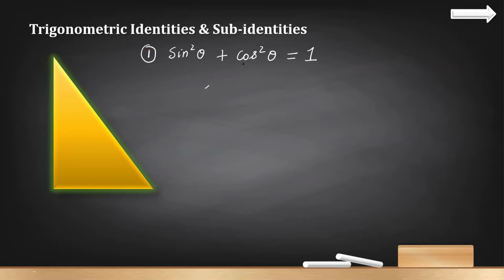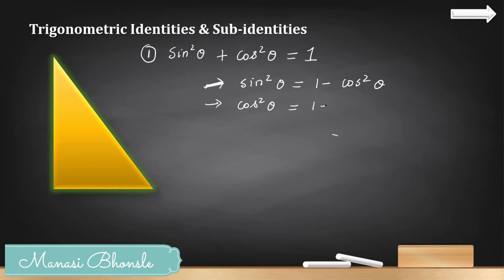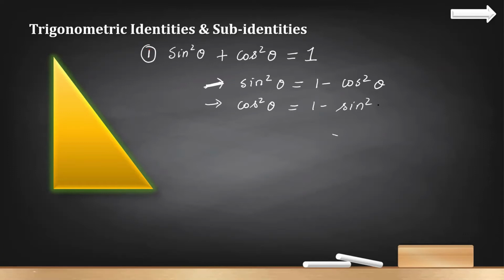Now, the sub-identities for this main identity: if sine square theta plus cos square theta is equal to 1, therefore sine square theta is equal to 1 minus cos square theta, and cos square theta is equal to 1 minus sine square theta, right? These are your sub-identities.